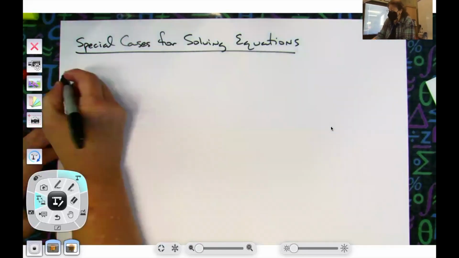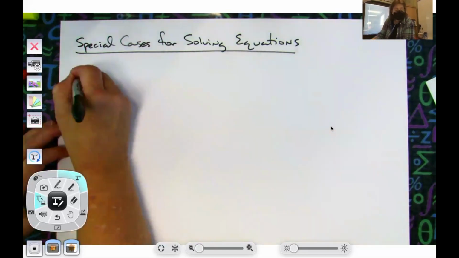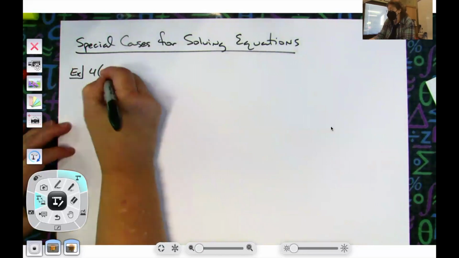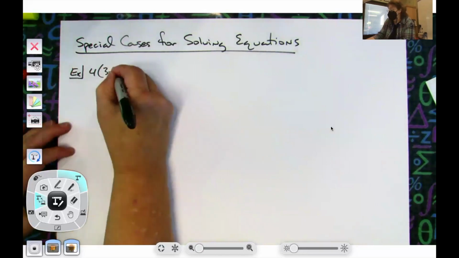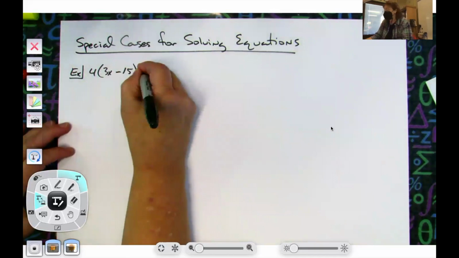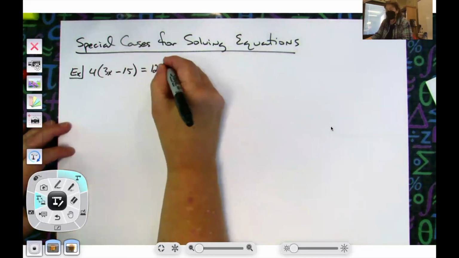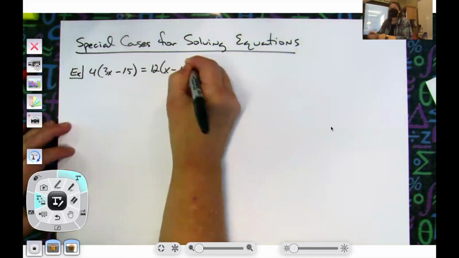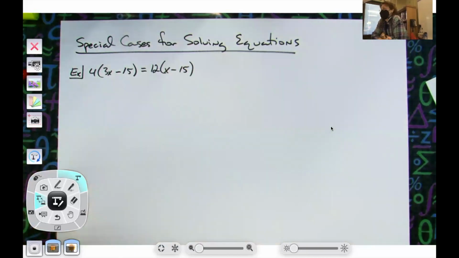Let's suppose we have 4 parentheses 3x minus 15 is equal to 12 parentheses x minus 15. Your directions are going to say solve, and you're not going to know that this is any different than any of the ones that you've already done, because we've been working out tons. So you're going to start to work this out just like you always do.